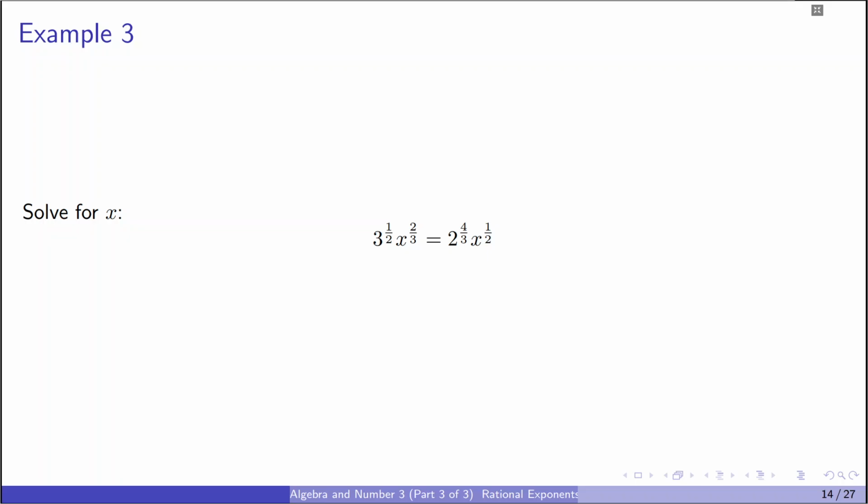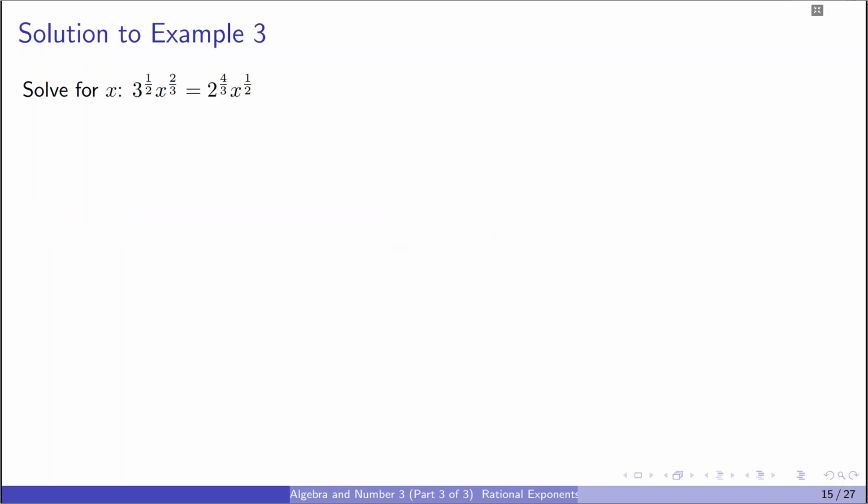Third example. 3 to the 1/2 times x to the 2/3 is 2 to the 4/3 times x to the 1/2. Let's solve for x in this one. Now, one option is to note all of our denominators are either 2 or 3. So we can take a few approaches here. We could raise everything to the 6, wipe out all of our denominators immediately, and then we're just left with normal fractions here.